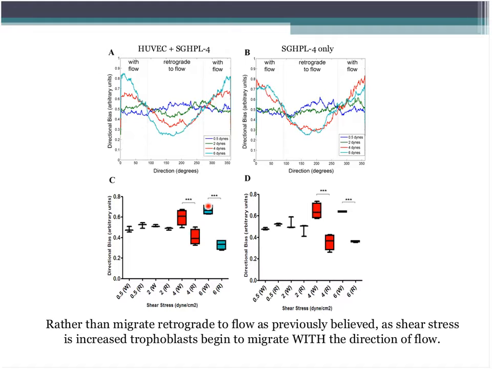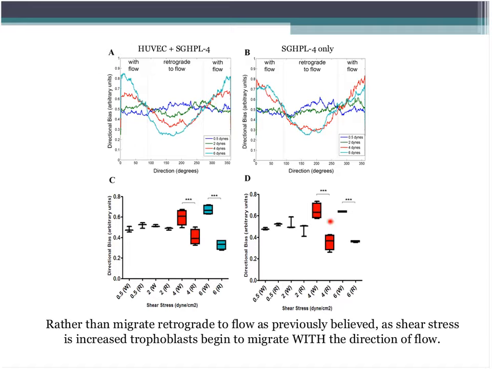Now we ran these cultures both with trophoblasts cultured on top of HUVEC and also with trophoblasts just cultured on the BioFlux channel, which we coated with fibronectin in each case. And there were really no major differences in terms of what happened with our cells when trophoblasts were cultured alone or when trophoblasts were in co-culture with endothelial cells.